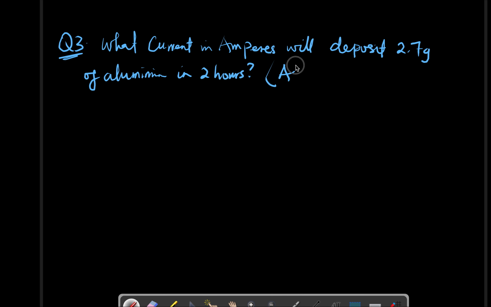Let's take the molar mass of aluminum to be equal to 27 gram per mole.